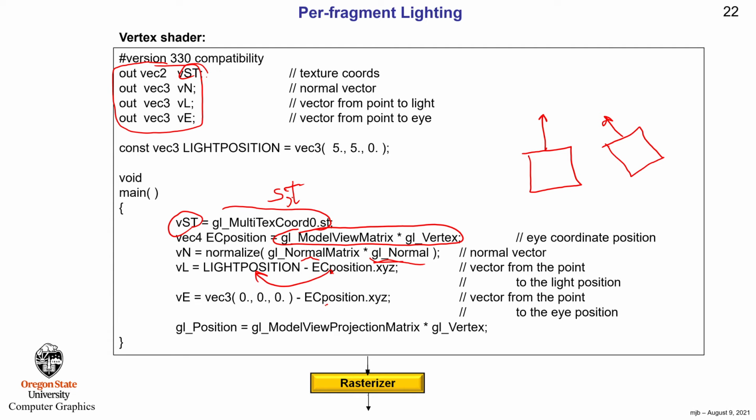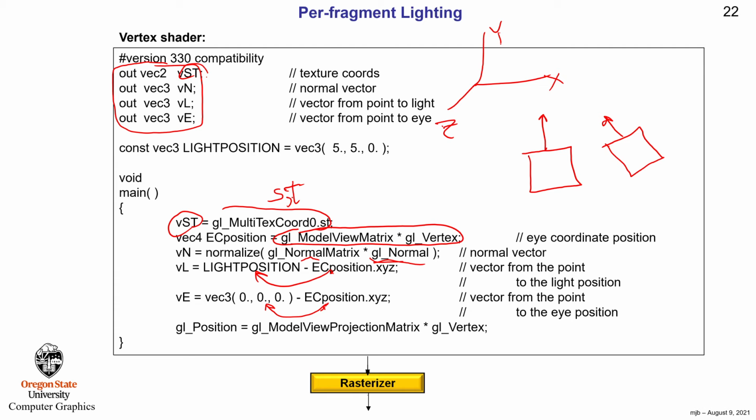Here's the eye vector. It's from where we are to the eye position. Now, why is 0, 0, 0 the eye position? Because it is. That's what gluLookAt actually does. The OpenGL hardware assumes the eye is at the origin looking in negative Z. This deserves a picture. Z, X, Y, right-handed system.